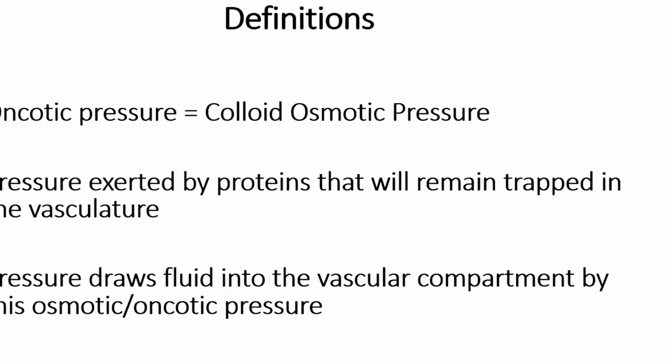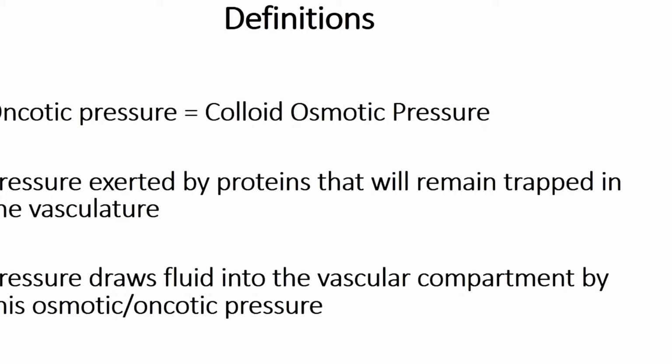And it is a pressure that tends to, by its nature, draw water and draw fluid into its own compartment by exerting an osmotic pressure. And therefore, when we consider the capillary bed, we can understand really that there are two essential conflicting or contrasting pressures that are exerted within and outside the actual vascular bed.